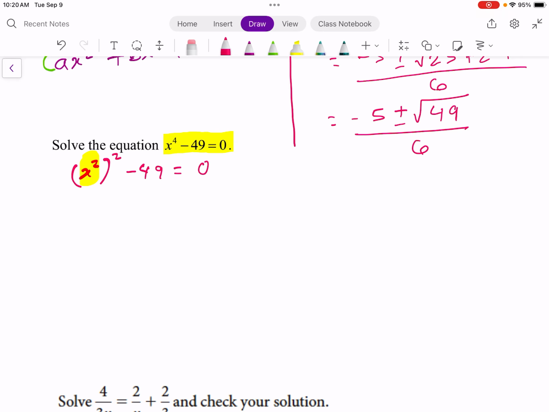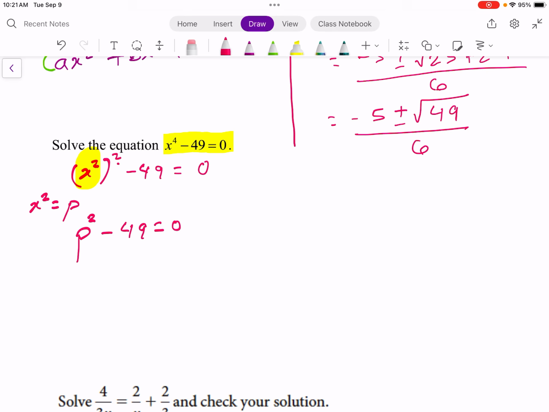Let's call it p. You can call it any variable. So if x squared is p, then we have p squared minus 49 equals 0. Do not forget about this square.